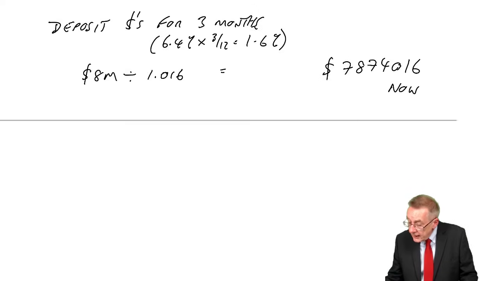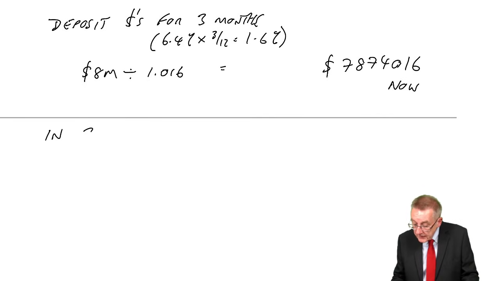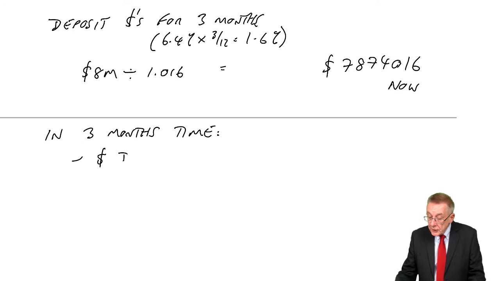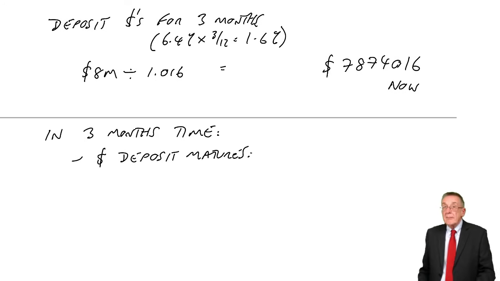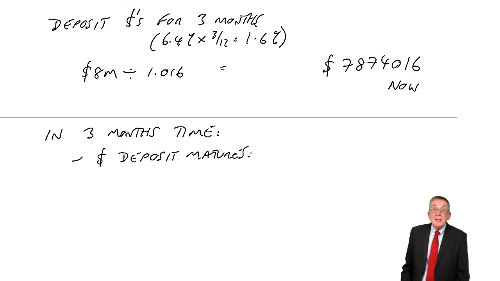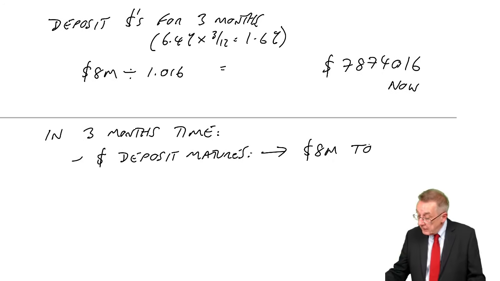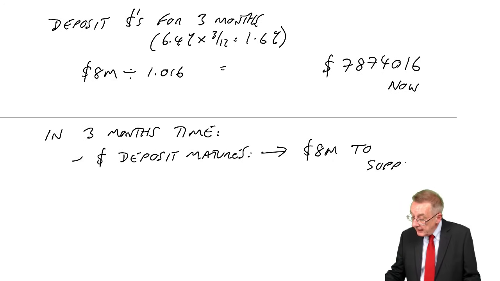But in 3 months' time, 2 things happen. First of all, the dollar deposit matures. And 8 million appears, and that goes straight to the customer. Sorry, to the supplier. We're paying money, I beg your pardon. That goes straight to the supplier.